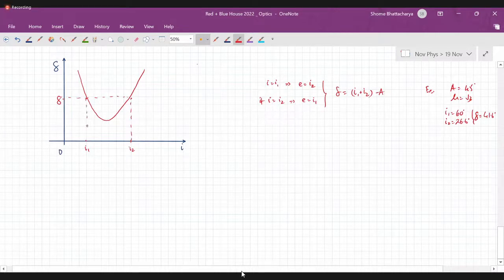And there is only one particular value of angle of incidence at which the angle of incidence becomes equal to the angle of emergence. And when we achieve that particular angle of incidence, we are at the minima of the graph.